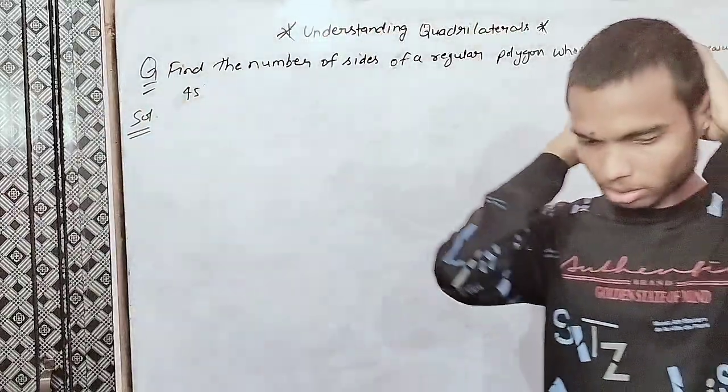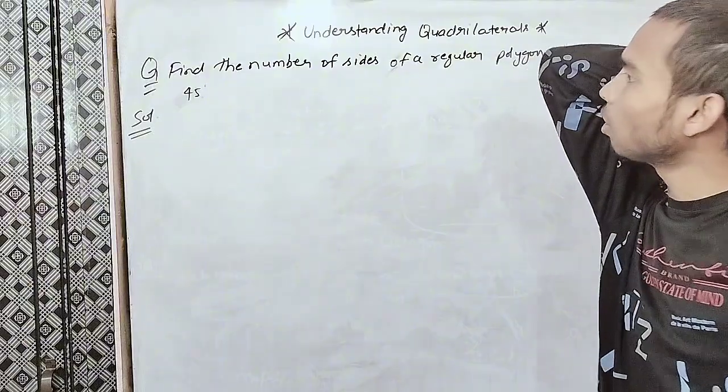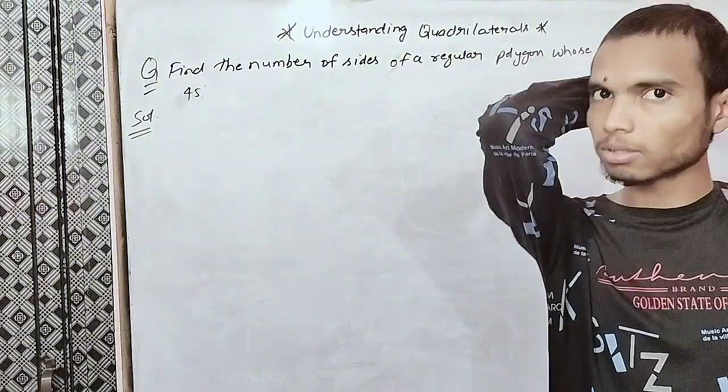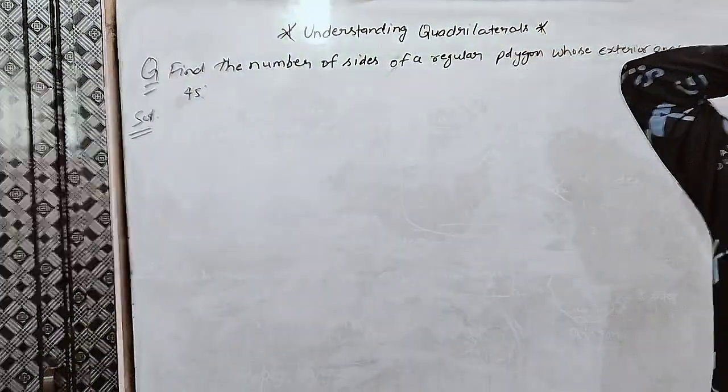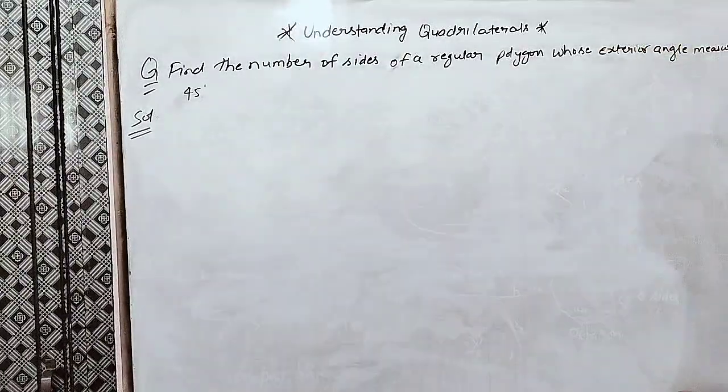So here, the measure of all sides of a regular polygon will be equal. We don't have the number of sides, and that is what we are going to find out. Find the number of sides of a regular polygon. We have a polygon, but the polygon is regular.